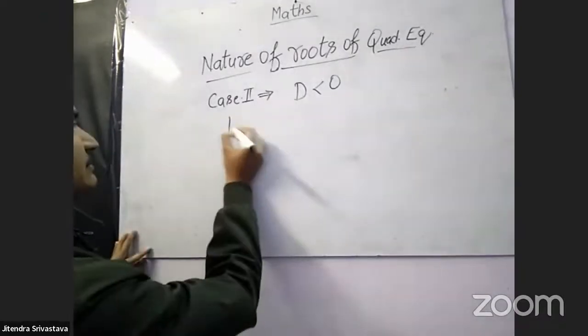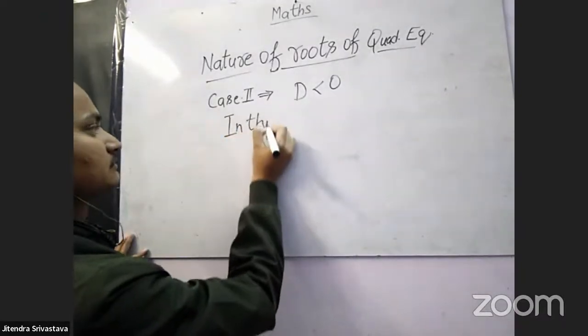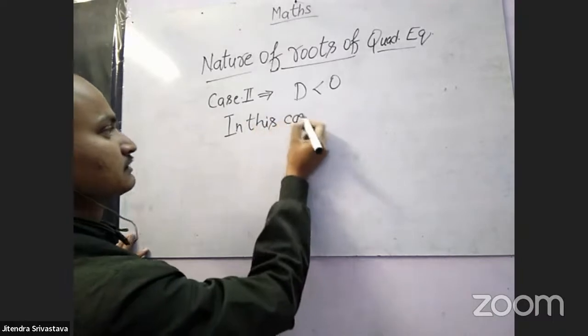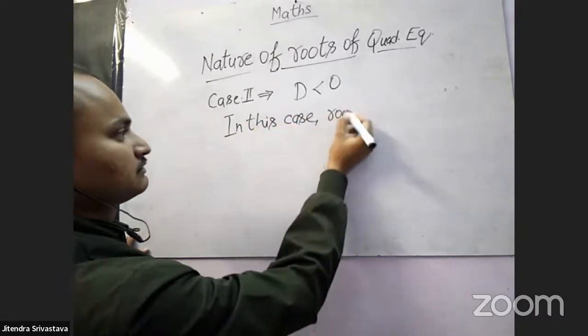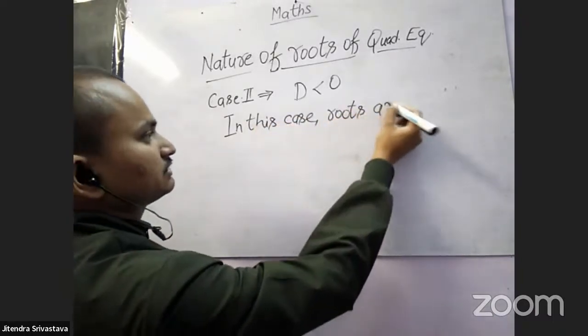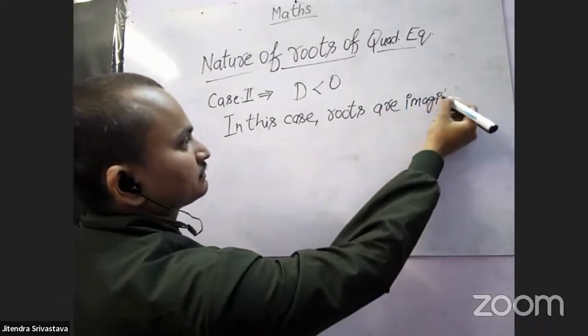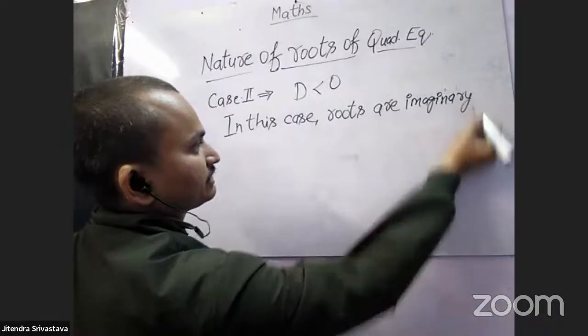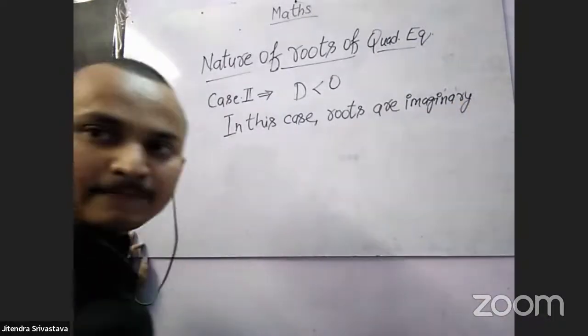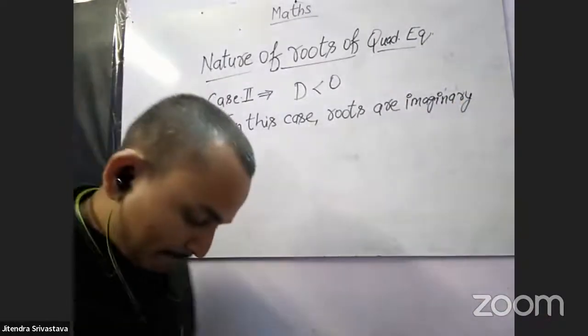In this case, I'm writing this. Roots are imaginary. Imaginary means not real. The roots will be not real. Okay.